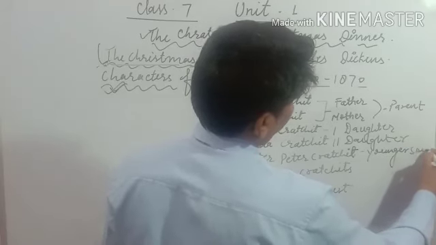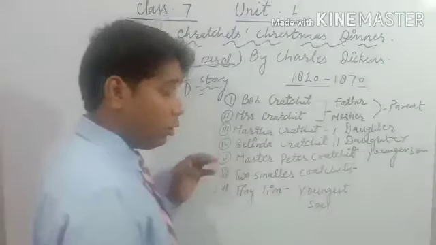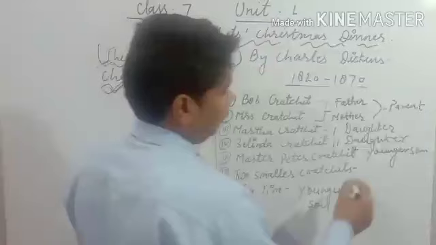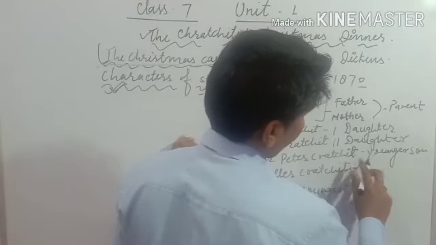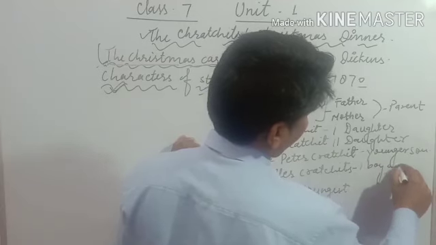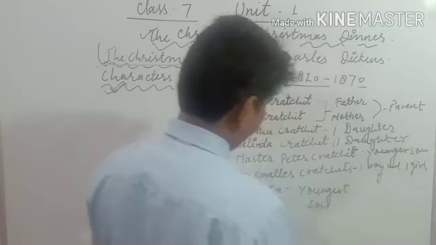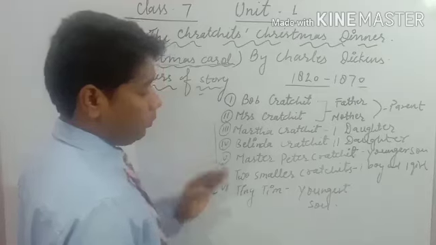And there were two smaller children of Bob and Mrs. Cratchit, one boy and one girl. And the last one is Tiny Tim.